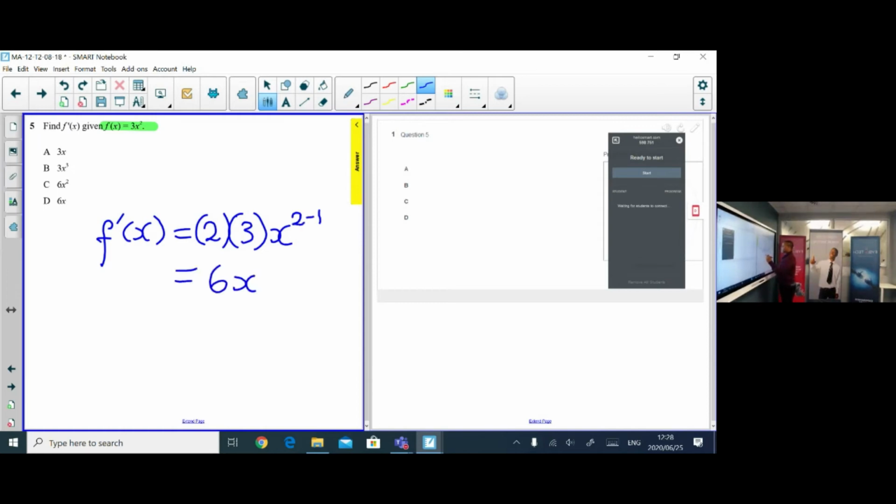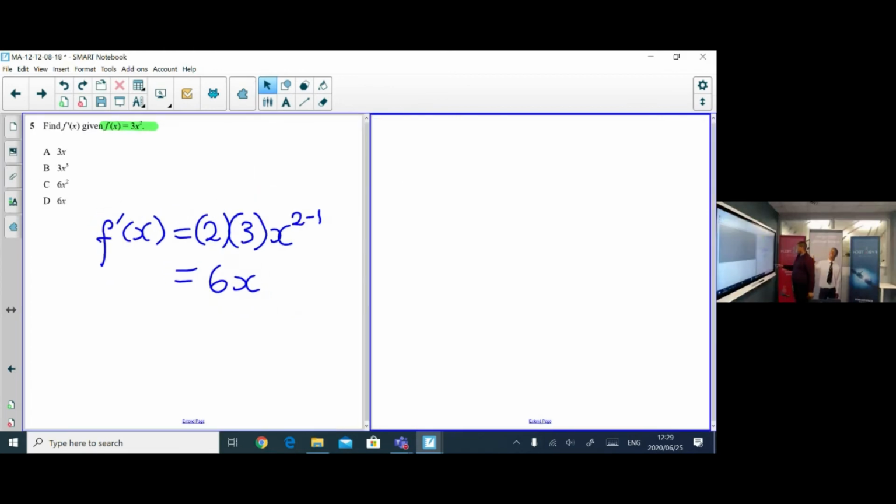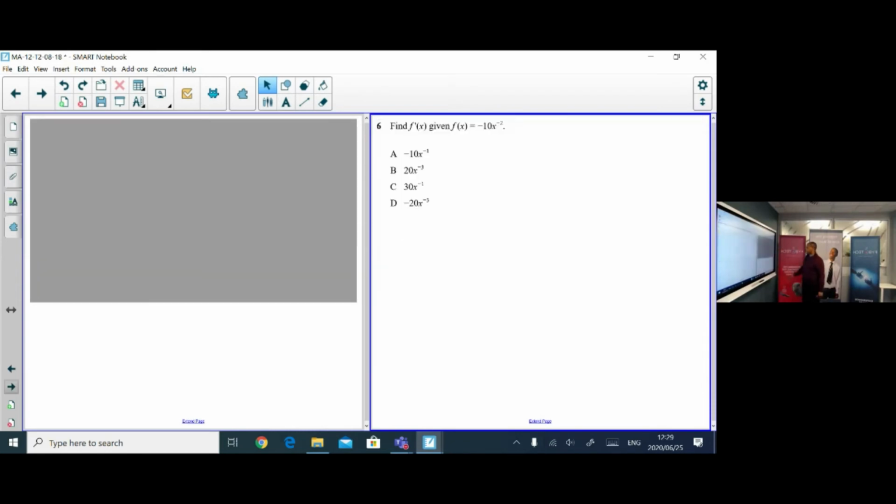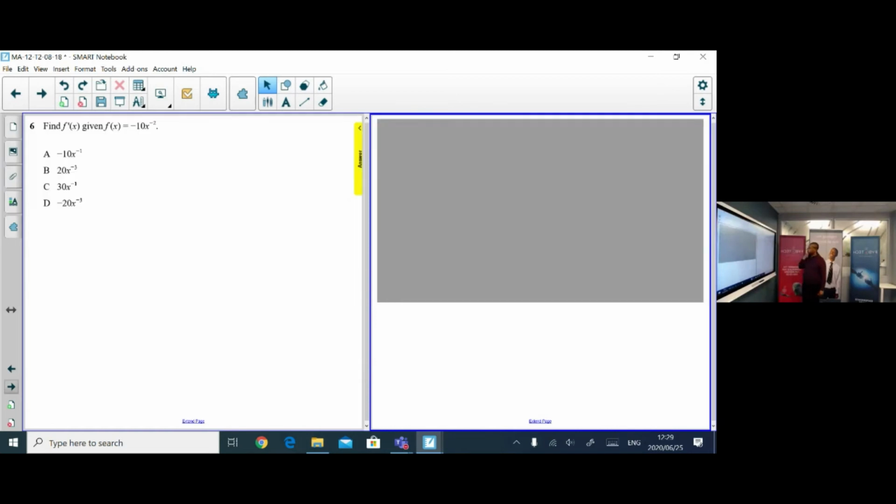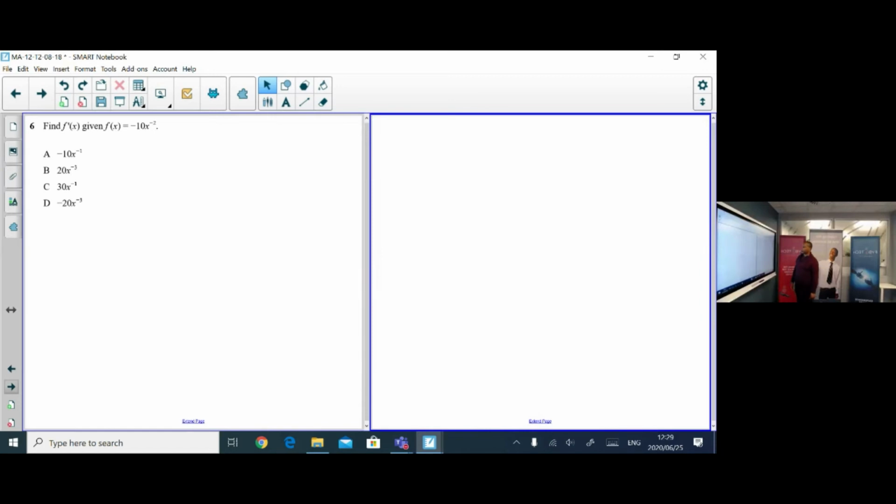So simplifying this would give us 6x, which is on D. So I trust that you got the understanding of this part, but let's try yet another situation. So try this. Let's find out what you can come up with.